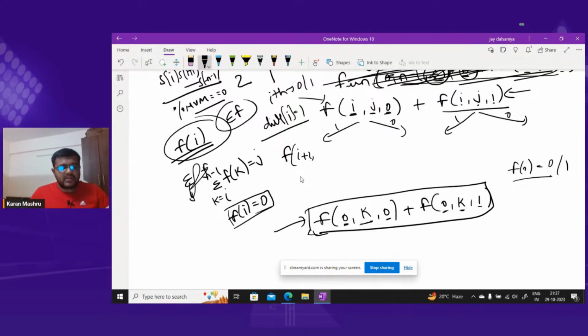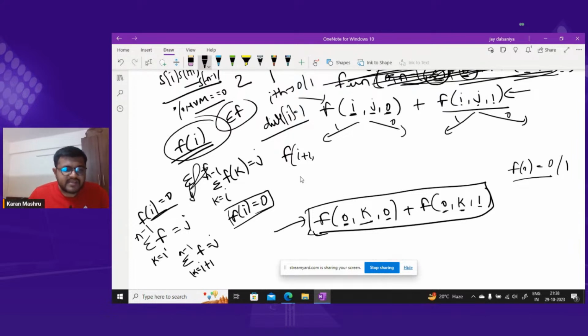See what I want, summation f value equals j, for this function. Now f of I was 0, right? So the summation f value from k equals I to n minus 1 is j, and the summation from I plus 1 to n minus 1 will also be j, because f of I is 0.